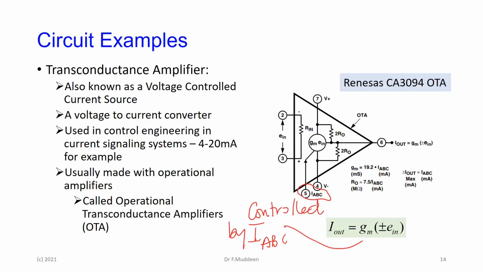The transconductance amplifier and the transresistance amplifier are devices that I use a lot in control signaling. When you go outside, when you do your controls, and if you end up working in the controls field in almost any industry, you're going to come across something called current signaling.